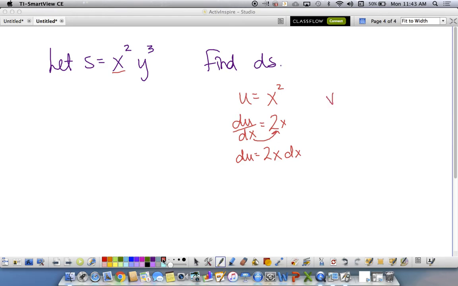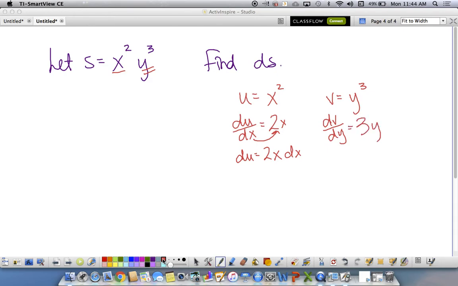So what is my v? It is my y cubed. So what's the derivative of dv? Now is it going to be dx? Is that the variable I'm taking the derivative of? No, it's y. So we kind of have to catch ourselves right there to put a dv dy. What's the derivative of y cubed?